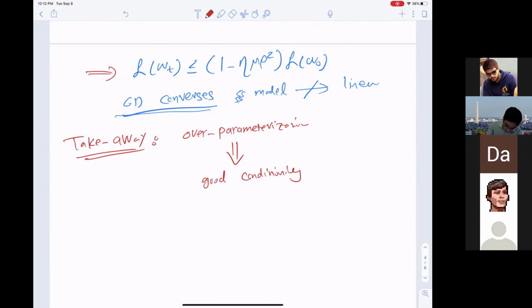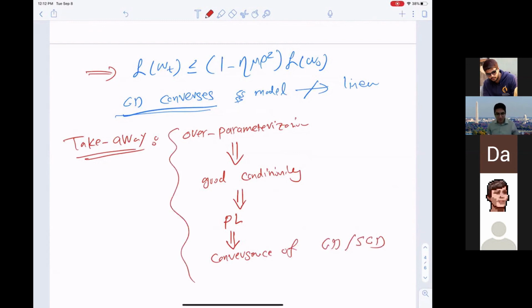And the good conditioning basically leads to the PL, and this leads to the convergence of gradient descent or stochastic gradient descent. So that's roughly speaking the takeaway messages that I want you to take from the last two lectures.